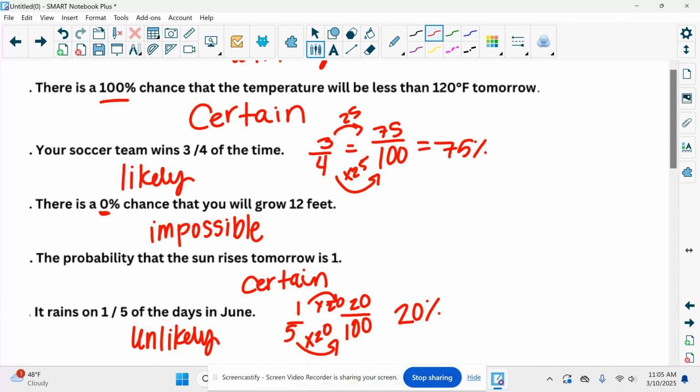Numbers 1 through 3 are like page 2. 4 through 7 are like examples numbers 3 through 8, where we had the part A and part B. And then 8 through 11 is the likelihood thing that we just did. Okay? So look at your notes and work on your homework.